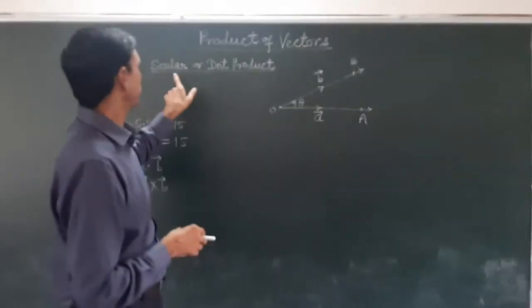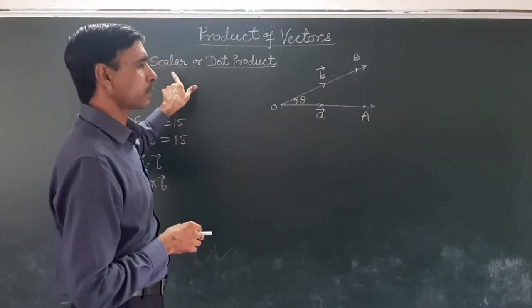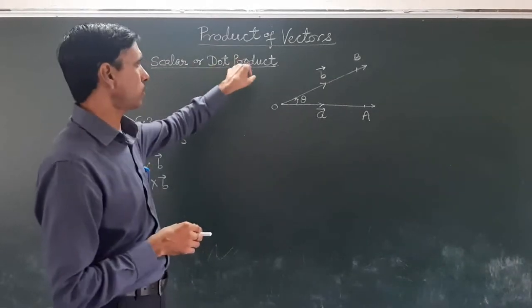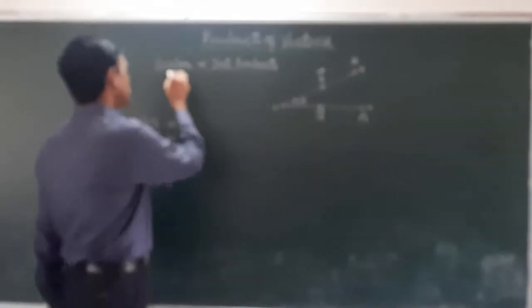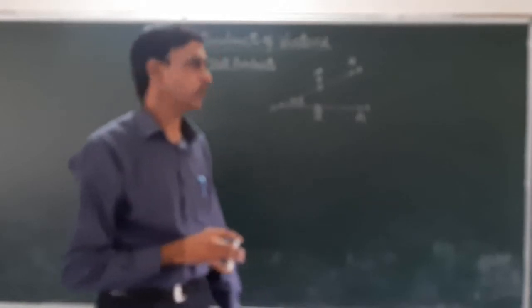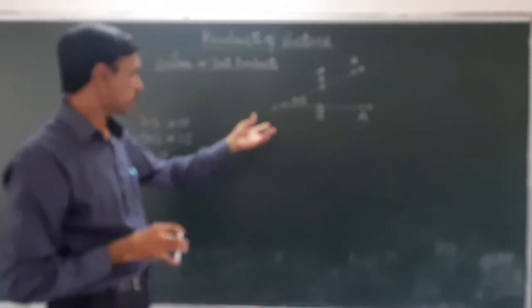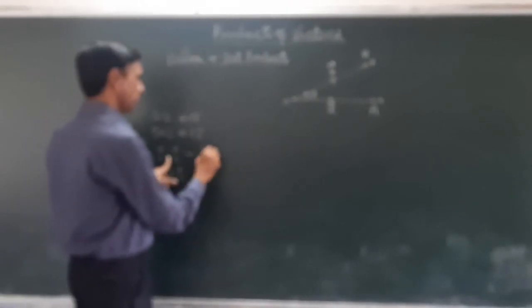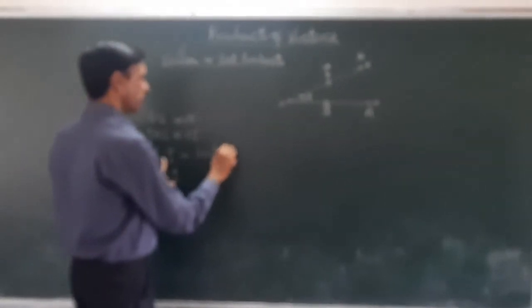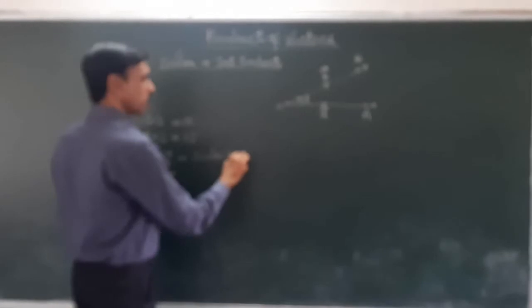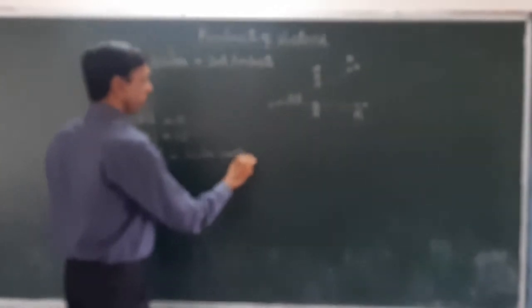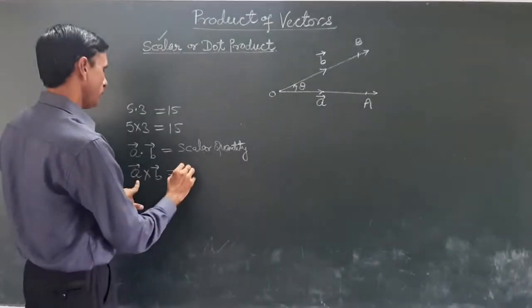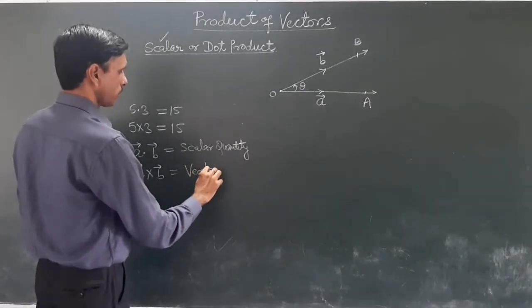First is scalar product, or it is known as dot product. Why this is scalar product? Since if you multiply two vectors in this category, then this will be a scalar quantity and this will be a vector quantity.